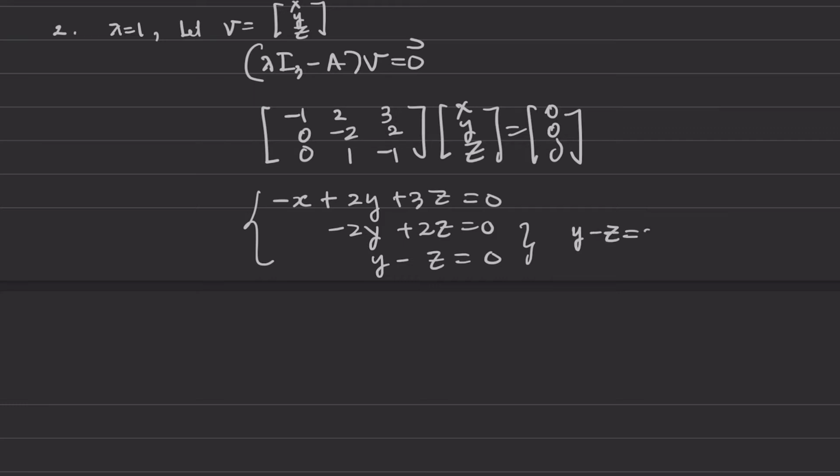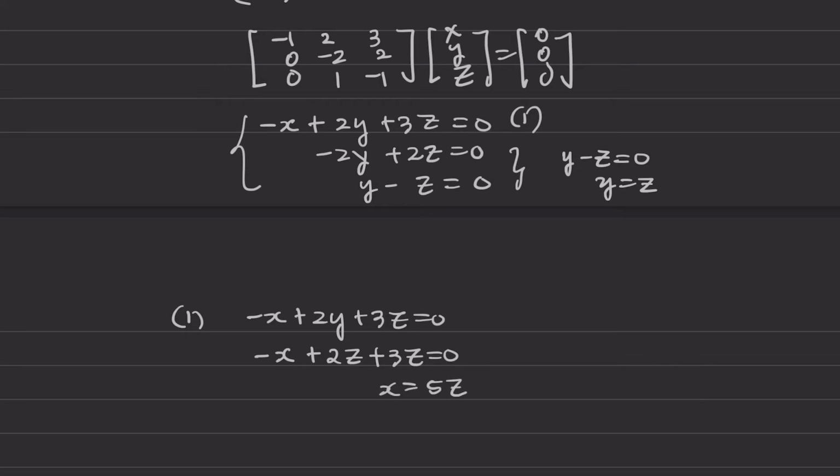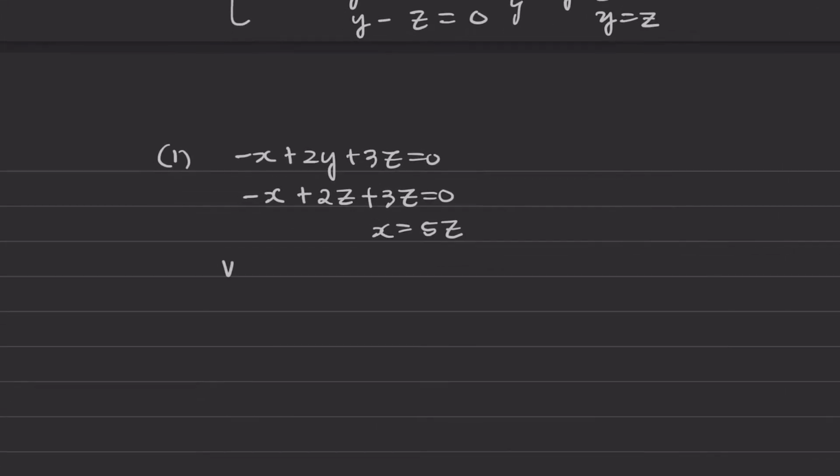So Y minus Z is 0, so Y is equal to Z. So from equation 1, negative X plus 2Y plus 3Z is 0. We know that Y is Z. So magiging X is 5Z. So yung mga V mo, ang itsura niya, 5Z, Z, Z, which is Z times 5, 1, 1.